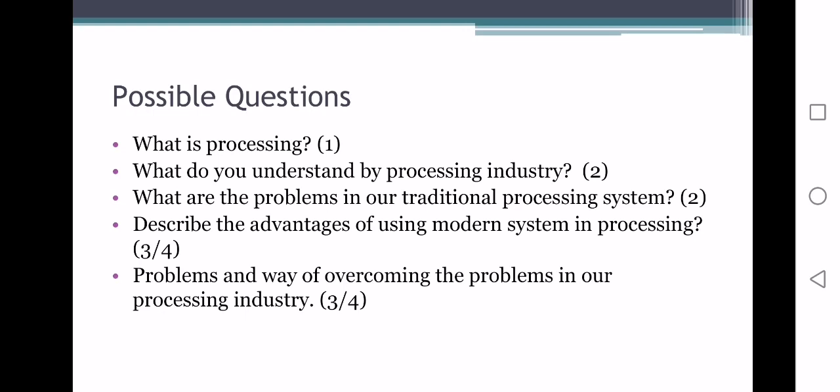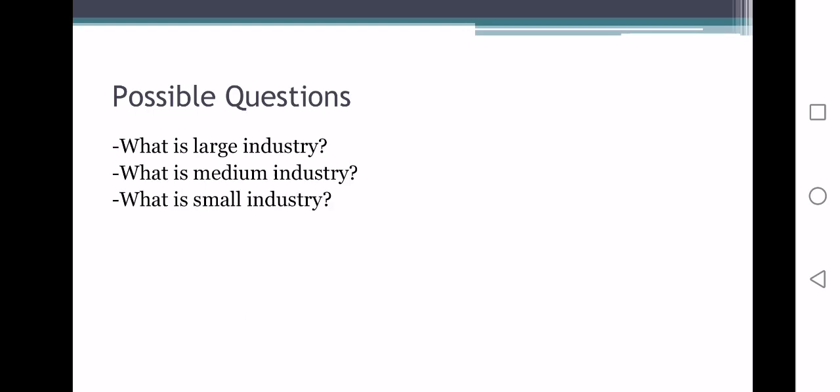These answers are given in lesson 4. Please go through your lesson 4. We have already learned lesson 4 so far. So for writing these answers, read lesson 4 very carefully and then answer these questions.